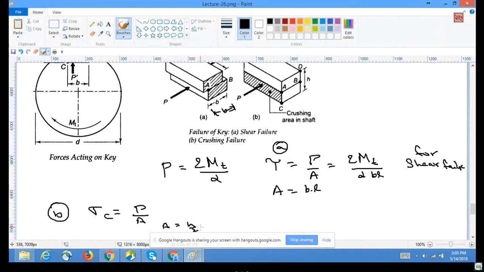So sigma C is equal to 2MT by d into hL by 2, that is equal to 4MT by dhL. So this is our crushing failure.